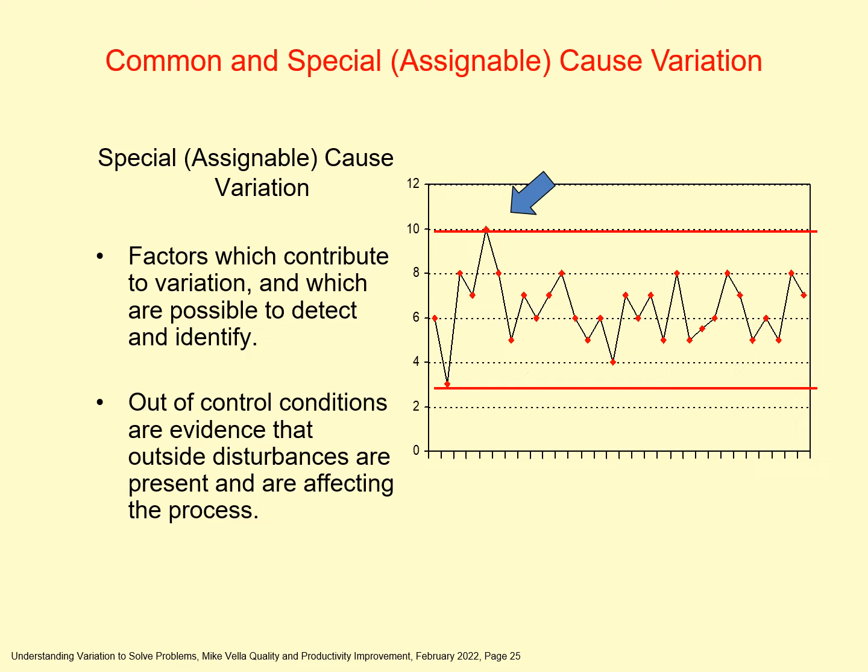We need to understand which factors contributed to that variation and which are possible to detect and identify. Those out of control conditions are evidence that some kind of disturbance was present in the data and it's affecting the process. So it's time to stop, understand it, and correct the process.